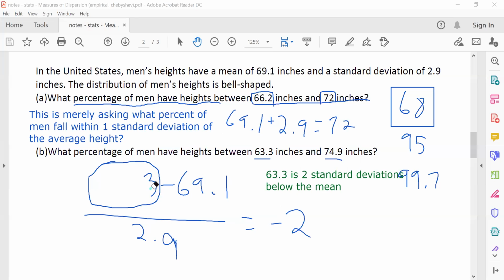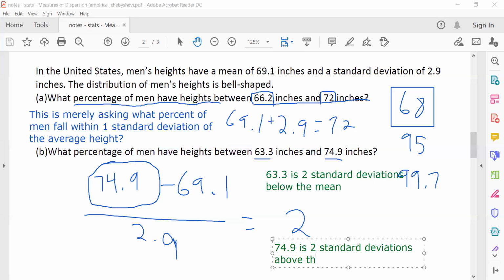If I want to know about the other number, 74.9, I subtract the mean, then divide by the standard deviation, and I'll get +2. And that tells me that 74.9 is 2 standard deviations above the mean.